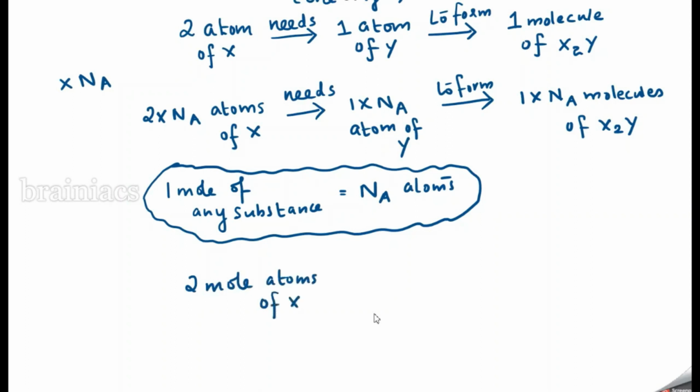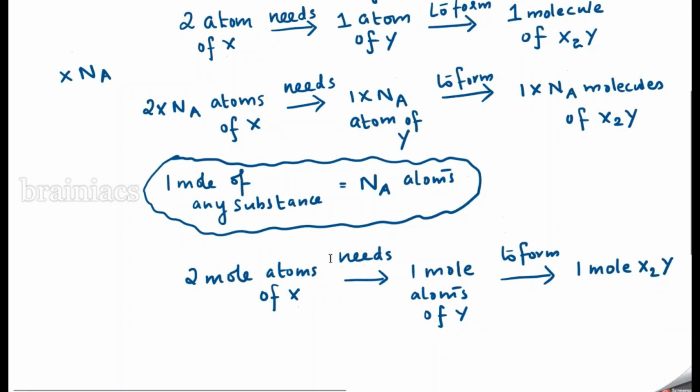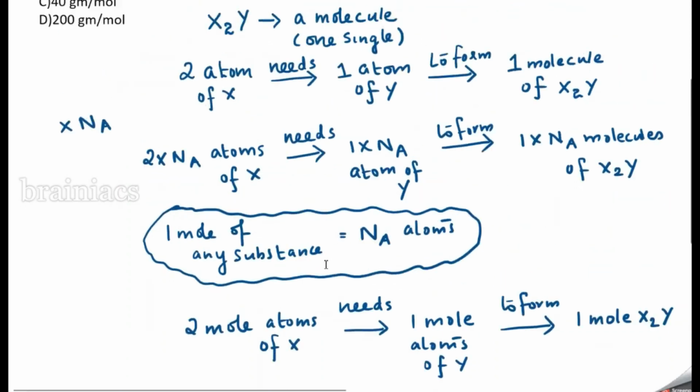Atoms of X need 1 mole atoms of Y to form, tell me, 1 mole X2Y, correct? So this is just for your understanding. I have explained this. Now we will come to the question actually.